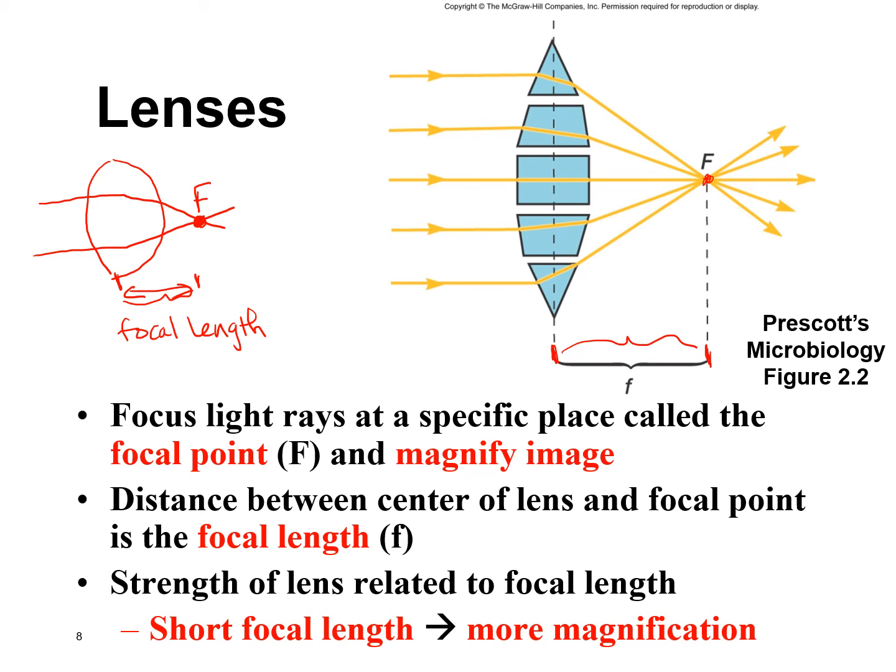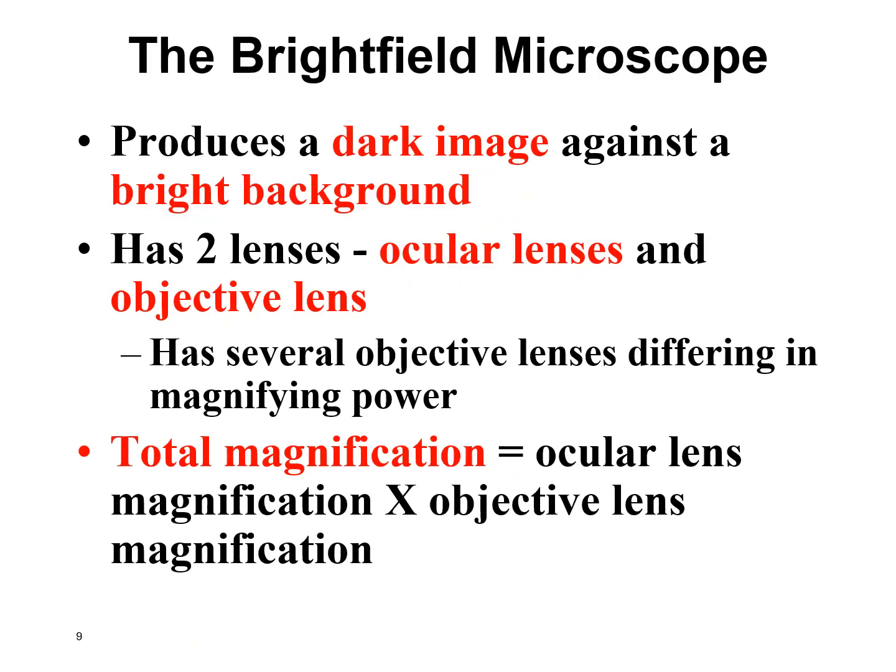And so it has a much shorter focal length than the 10x lens. So the 100x lens has a much shorter focal length and would have a much higher magnification. So that would be important to remember. Might be a good test.